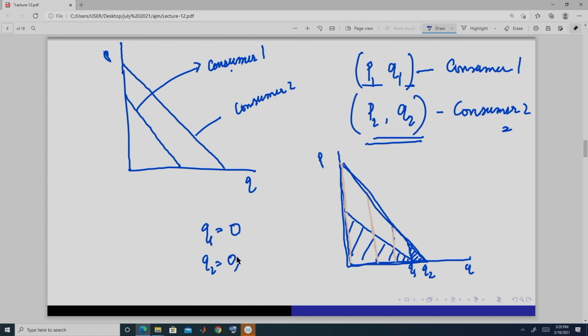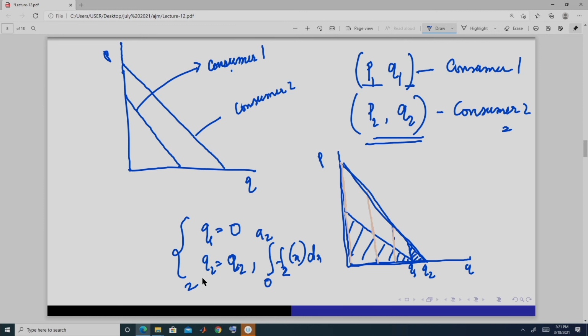So, for consumer 2 it is going to be this Q2 and the price is going to be this whole amount, this is the demand curve of consumer 2. So, here consumers of type 1 are not going to buy any bundle. So, this can be the optimal bundle in this situation. Okay.